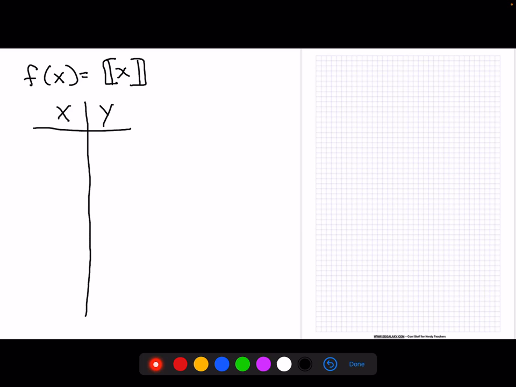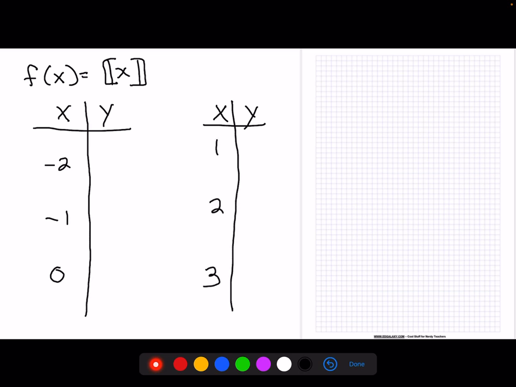Well, if you stick integers in there, like -2, -1, 0, let me do a new chart over here, 1, 2, 3, those are all going to come back the same integers, because the equals to part is in the definition. But then what you really want to be aware of is what is happening with the decimals in between all of that.